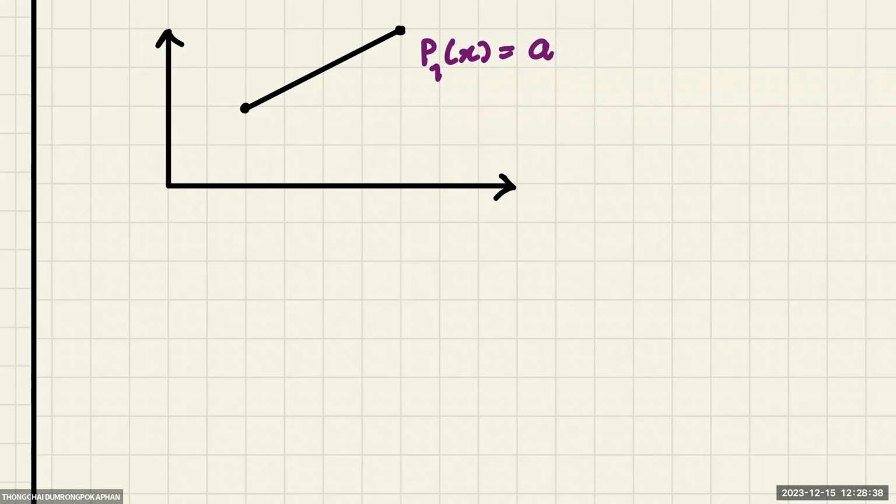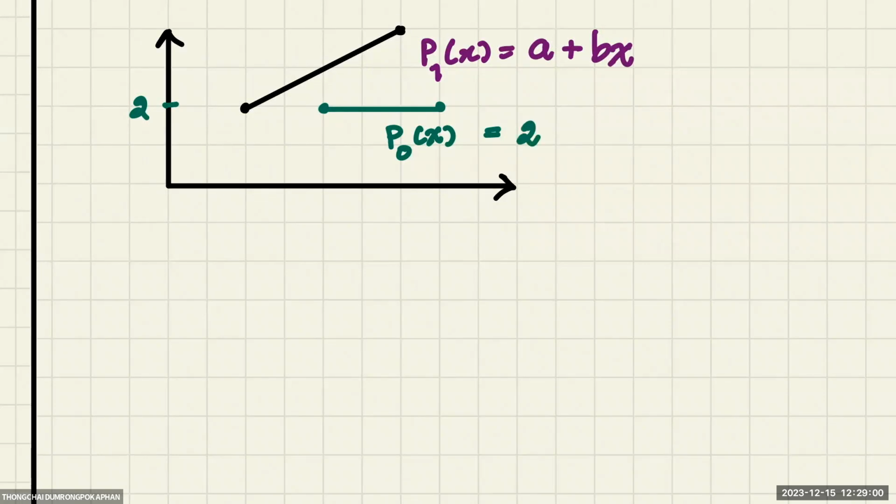Or if I have 2 points like this, it's going to be polynomial degree 0, okay? Suppose this is 2, so this is 2, like this.